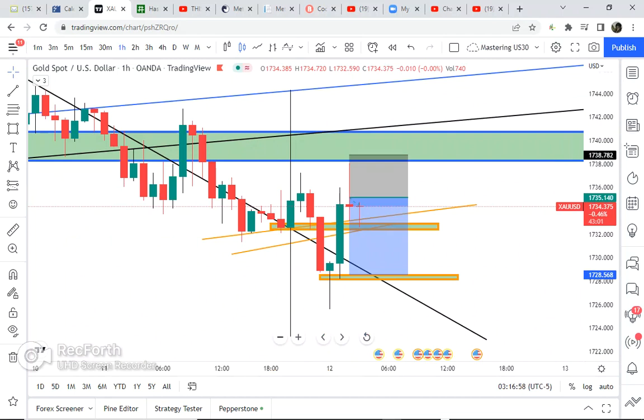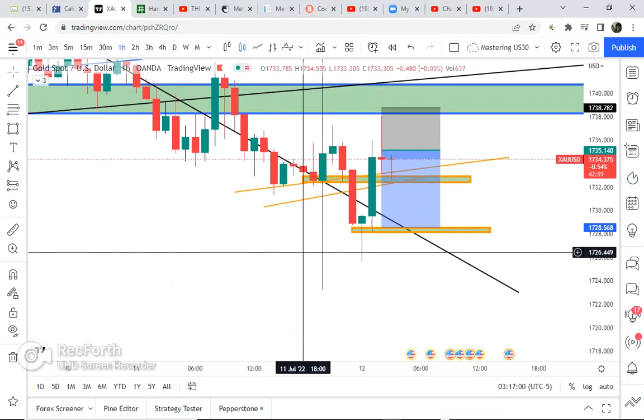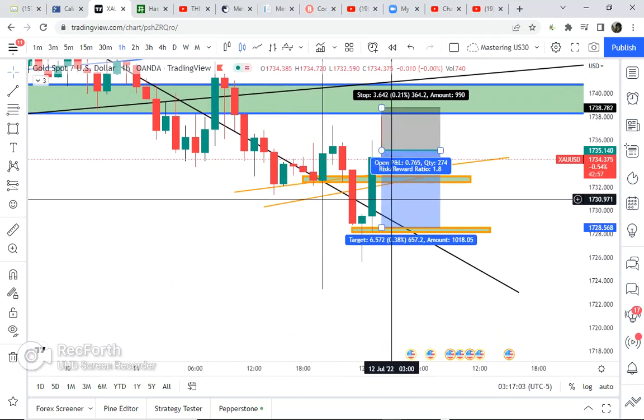So this is the area of target profit that I'll be looking for.